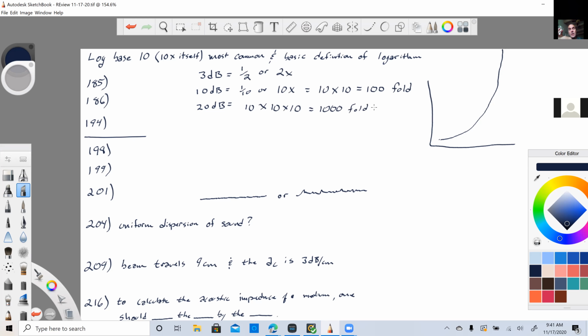So when you increase something by 20 decibels, the amplitude, the strength, is actually 1,000 times stronger. 30 decibels would be 1,000 times 100, is 100,000. Let's go ahead and write that one. So 10, 100, 1,000, 1,000 times 10. I'm sorry, did I say 100,000? 10,000. And so on and so forth. You see these numbers growing very quickly. That was 30.